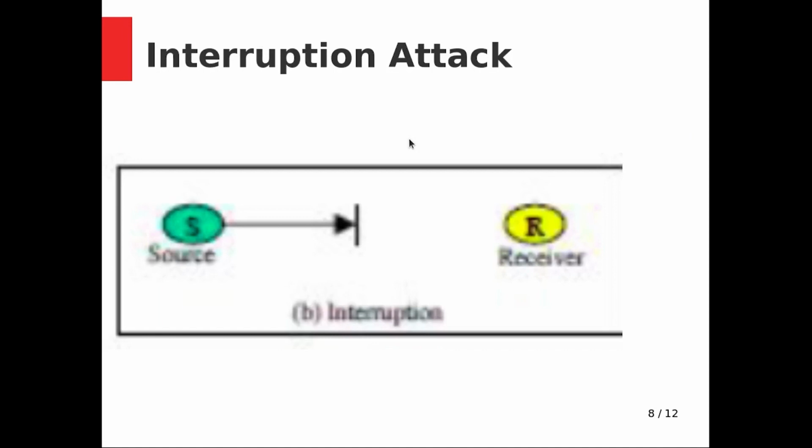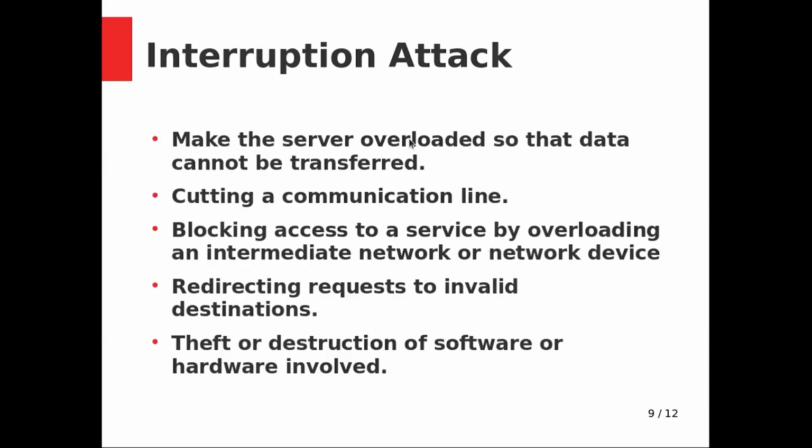Interruption attack. Suppose you want to communicate with your friend on Wi-Fi, and it is very important. In that case, the hacker creates so much problem that your Wi-Fi will not work, and you will not be able to send a message to your friend.